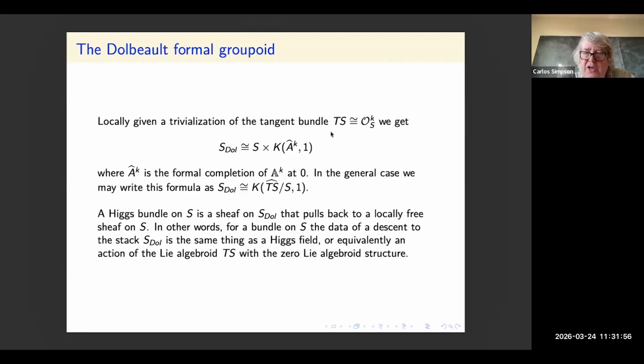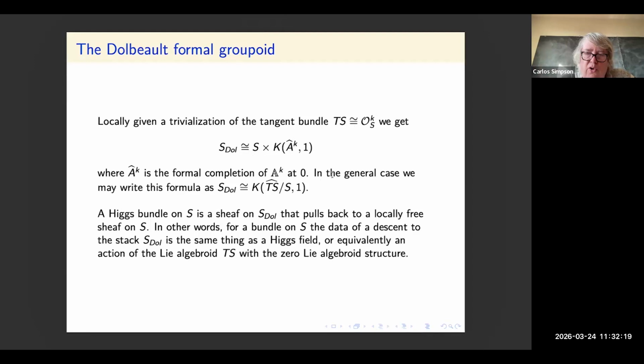So if you have a trivialization of the tangent bundle just in a local neighborhood, then we can write the Dolbeault formal groupoid as just S cross the Eilenberg-MacLane stack of A^K hat, where A^K hat is the formal completion of the affine K space at the origin.